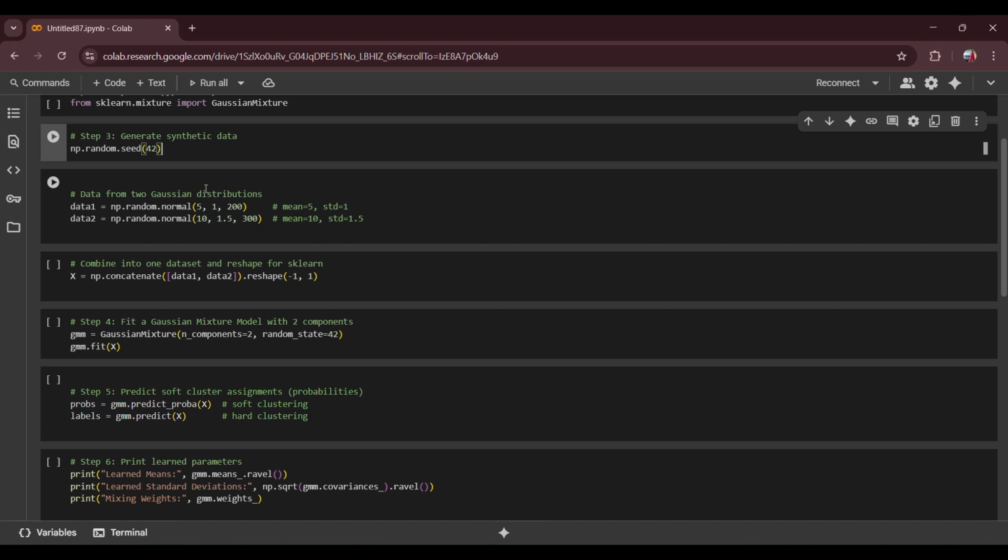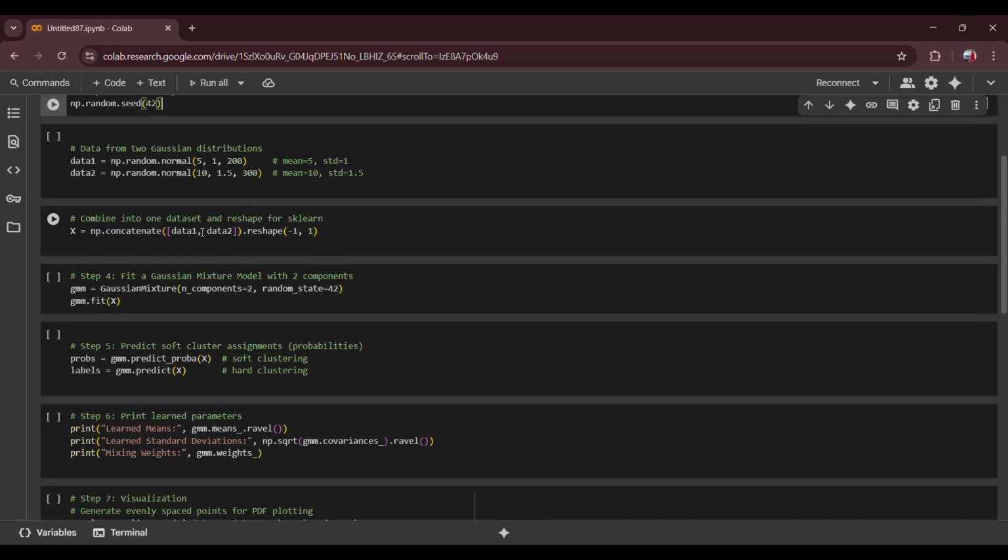Then data 2 has 300 points from a Gaussian distribution with a mean of 10 and a standard deviation of 1.5. Think of these as hidden groups in the data set.